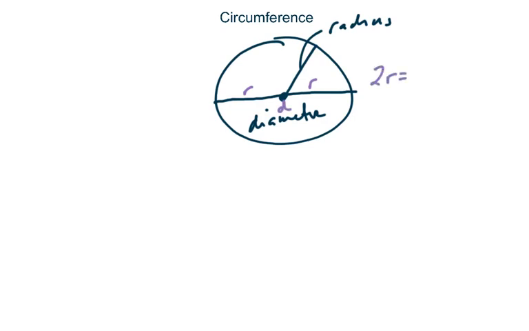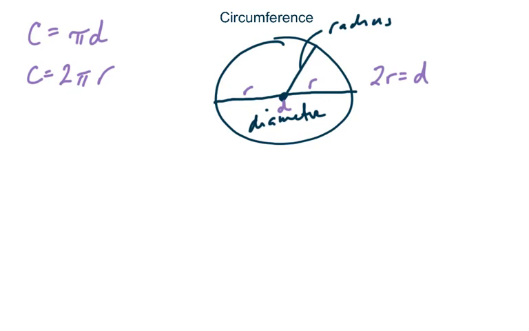So 2r is the same as 1d. Formula for circumference, there's 2 of them. We could do pi times d, or 2 pi r, because 2 radius make 1 diameter.